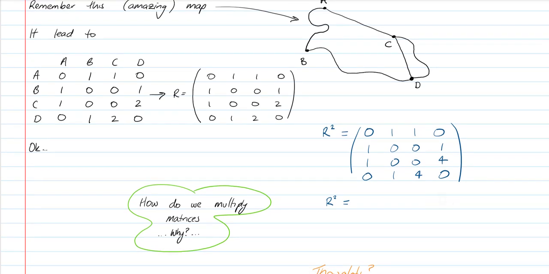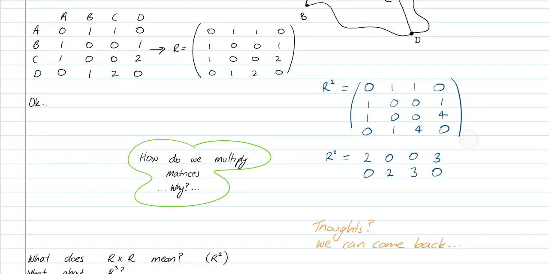So R squared, if we do the calculation, is equal to 2, 0, 0, 3, then 0, 2, 3, 0, then 0, 3, 5, 0, and then 3, 0, 0, 5.